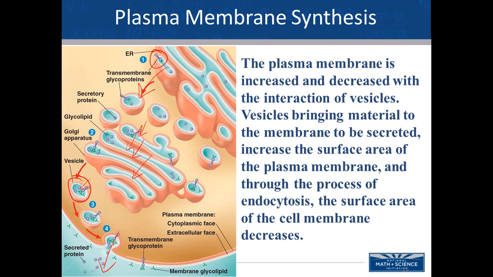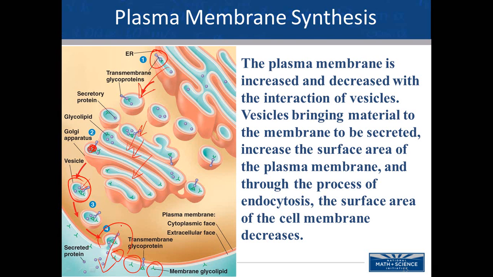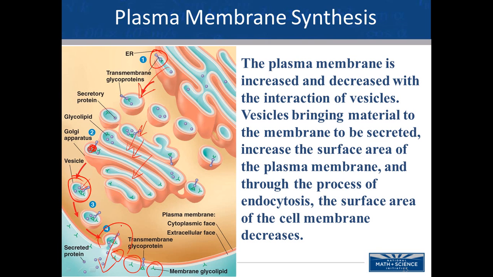That process is called exocytosis. Now, sometimes, in addition to having these little molecules that are going to be excreted, there are little proteins inside that vesicle membrane. And look what happens. Once it fuses, those little proteins are actually now a part of the plasma membrane. This process of exocytosis is going to increase the surface area of the plasma membrane.